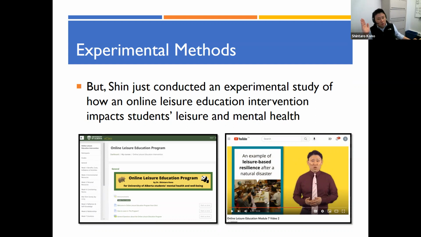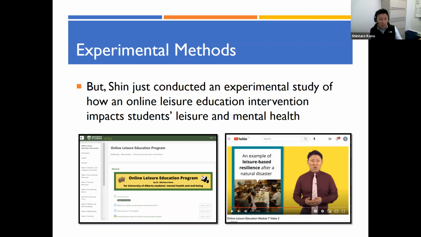Stressful. Anyway, it covered learning about the importance of leisure, different leisure opportunities existing on a campus, in a city, and so forth, doing some reflection and online discussions, and how that potentially helps university students, U of A students, with their leisure life and mental health.